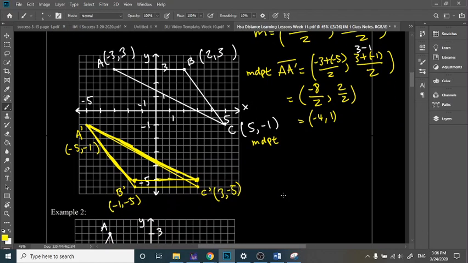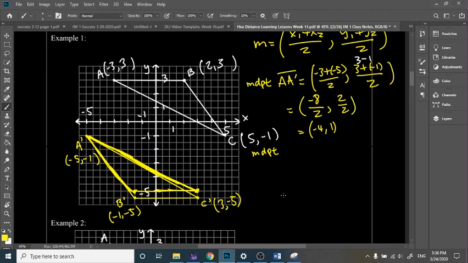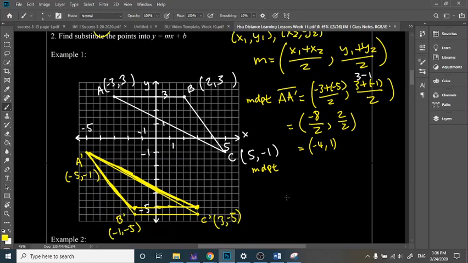And then you can choose any other point for the next one. It doesn't really matter which one it is. So let's just choose, I don't know, let's just choose this one because why not? So, of C and C prime. 5 and 3 divided by 2. -1 plus -5, divide that by 2.